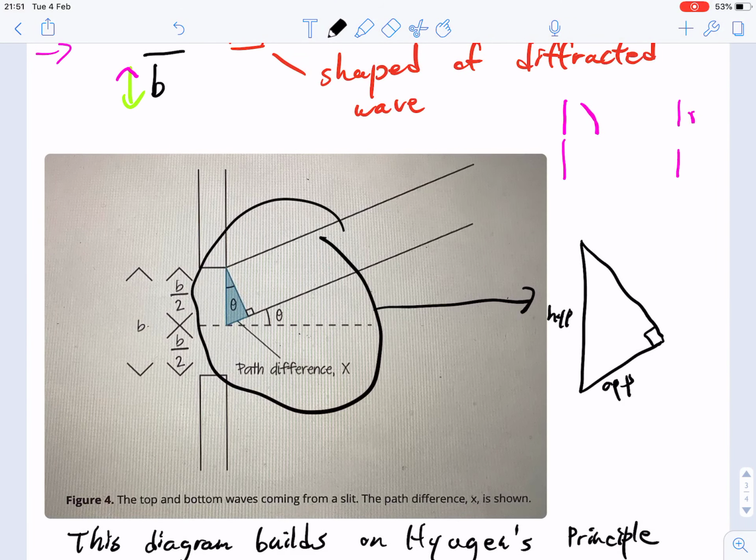So our angle is there, hypotenuse and opposite. The other thing to keep in mind is that if we had another line here and there was a right angle here, then this angle here would be the same as the one above. And so what we're really trying to do is form a sine function here.